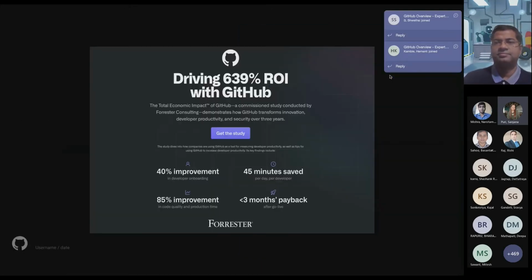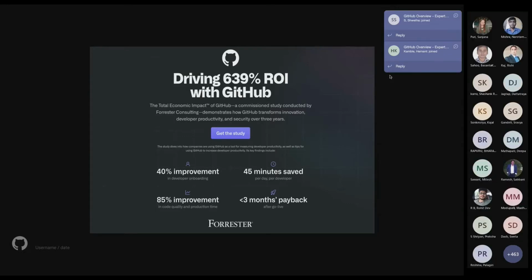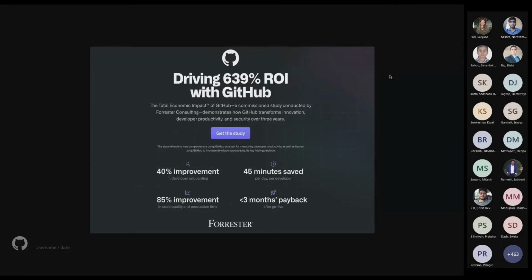Thank you. I would encourage all of you to have a look at the recent Forrester report, where you can see the value GitHub adds and how popular it is among enterprises at this point in time. We drive close to 640% ROI with GitHub. One can expect a 40% improvement in developer onboarding, 85% improvement in code quality and production time, and 45 minutes saved per day per developer. That's a big number.